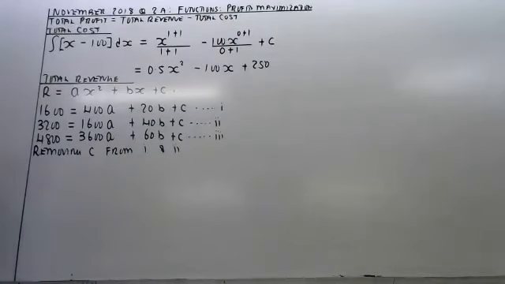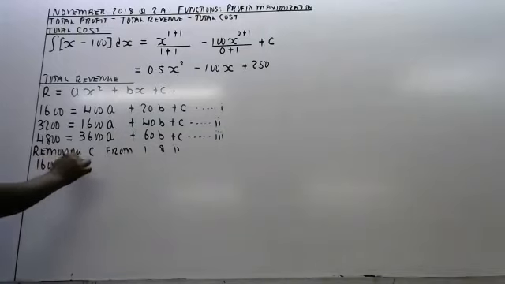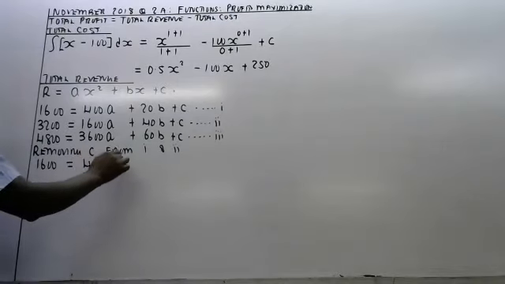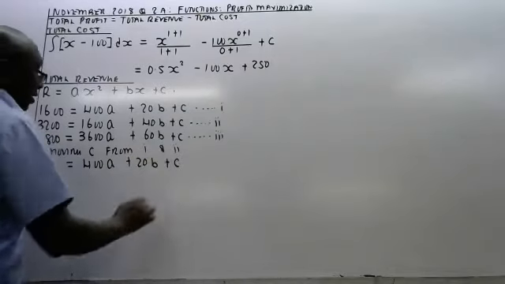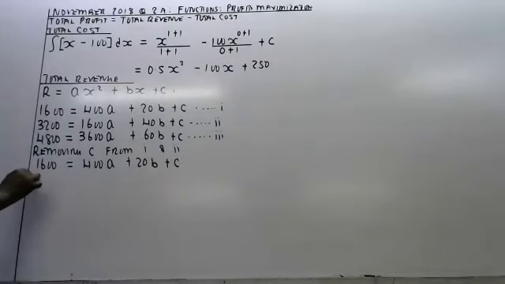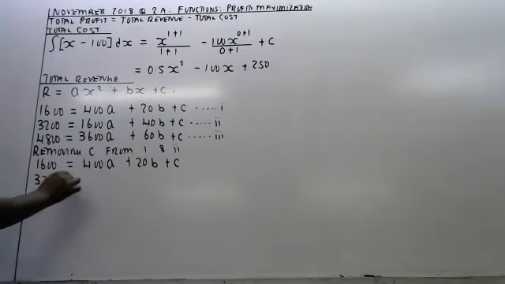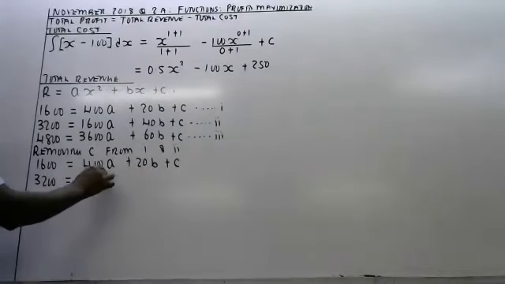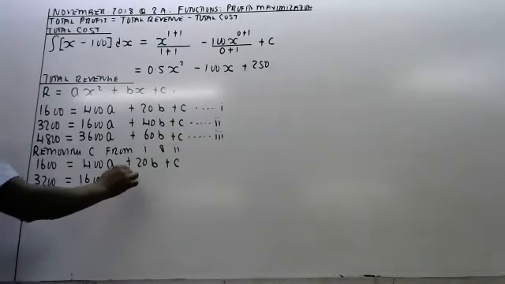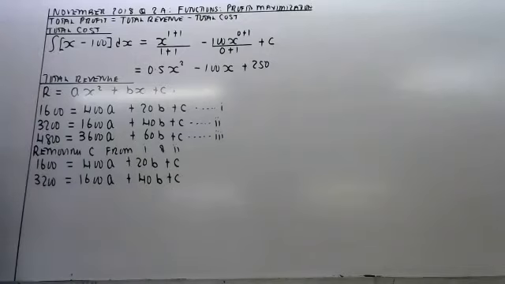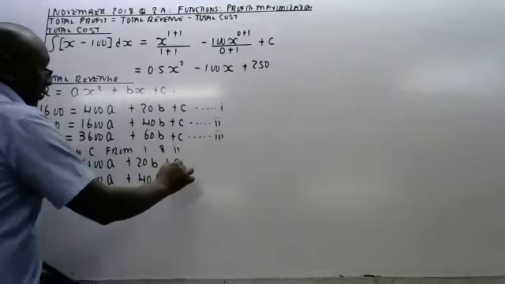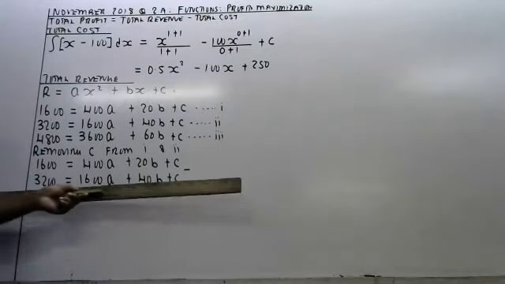Removing C from 1 and 2, I will have 1600 being equal to 400A plus 20B plus C. Then I bring that 3200 is equal to 1600A plus 40B plus C. So we will have to subtract so that C can disappear.